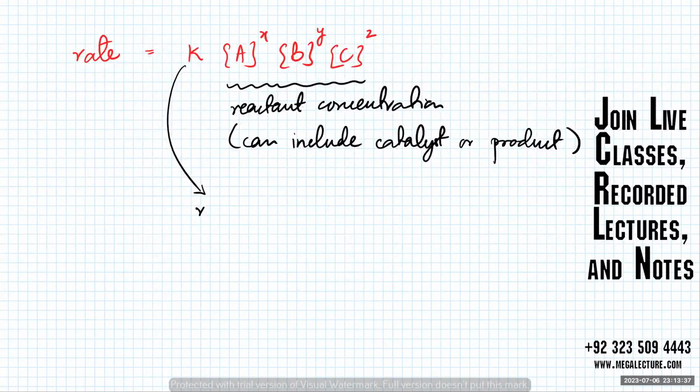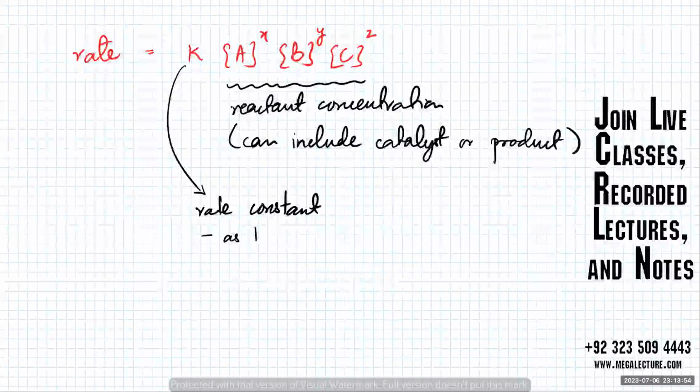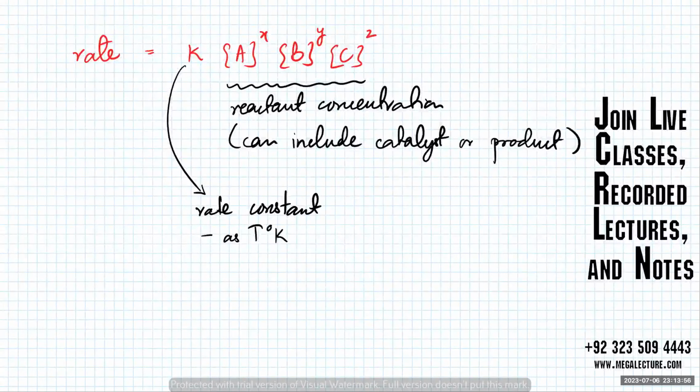So now your K in the rate equation is your rate constant. And this K is basically dependent on temperature. Normally what happens is that as temperature increases, the value of K increases as well.